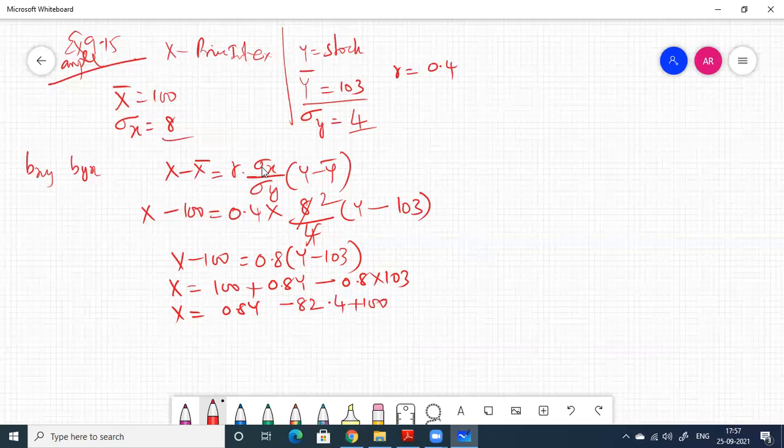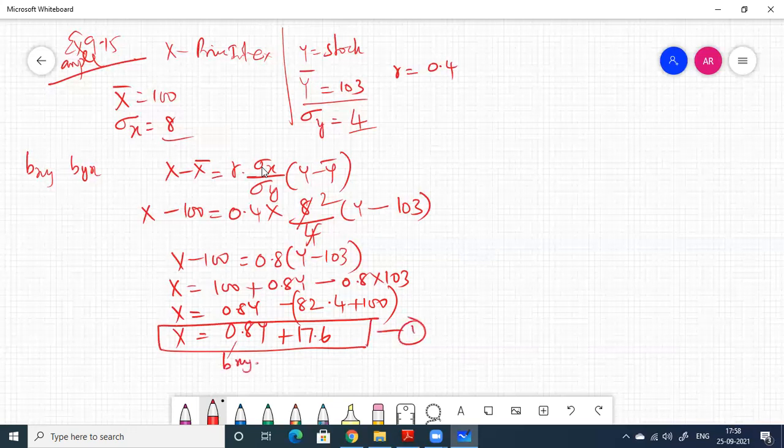So 100 minus 82.4 is equal to 17.6. So X is equal to 0.8 Y plus 17.6. This is b of XY. That's all, one equation you got.